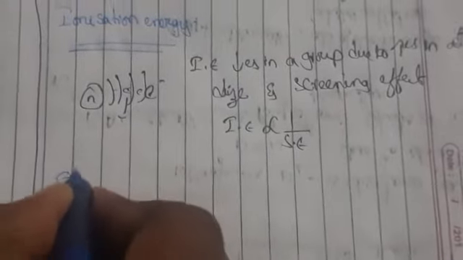The inner electrons reduce the nucleus attraction on the outermost valence electrons. That is called the screening effect. So due to the increase in atomic size and shielding effect, the ionization energy decreases in a group from top to bottom. Next let us see electron affinity.